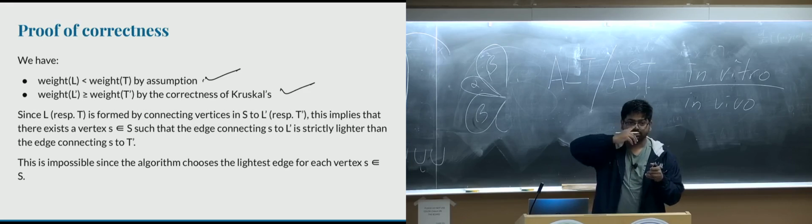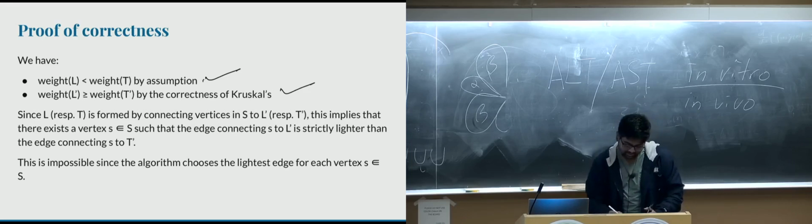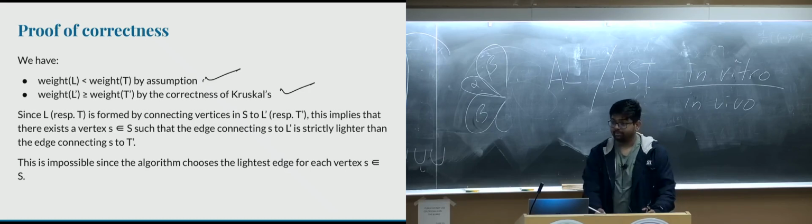Does that make sense? So what happens here is that since L is found by connecting vertices in S to L prime, this implies that there exists some vertex in S such that the edge connecting to L prime is strictly lighter than the edge connecting to T prime.